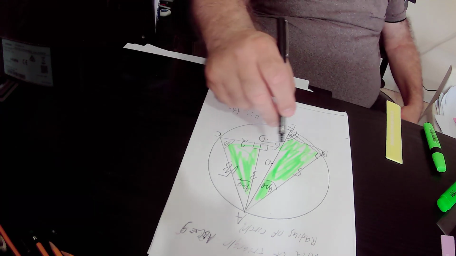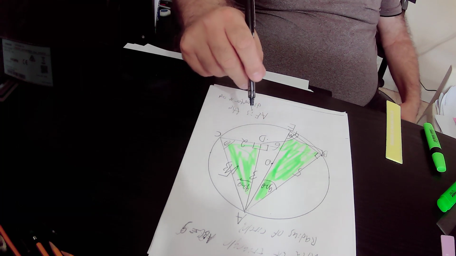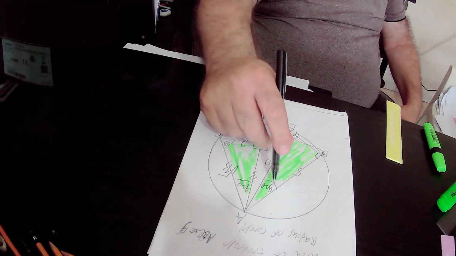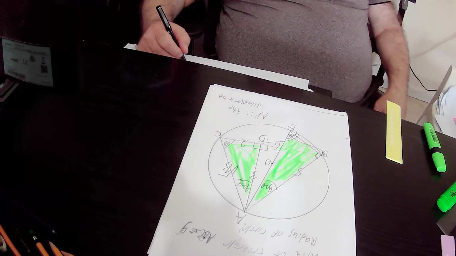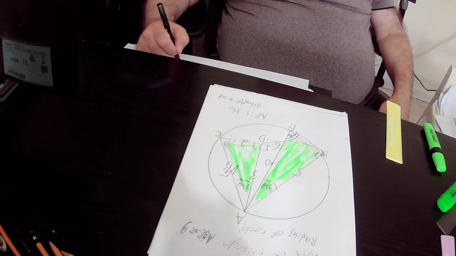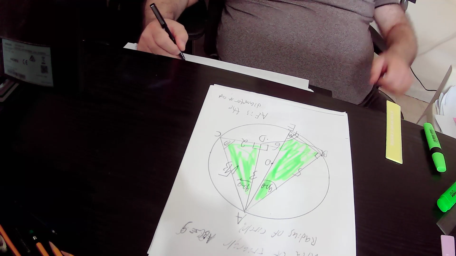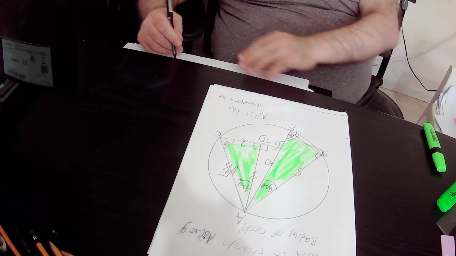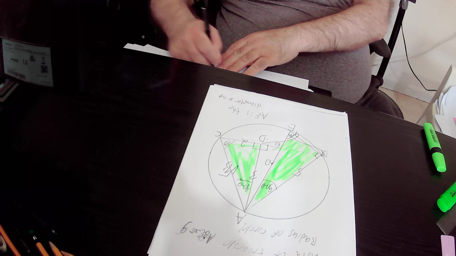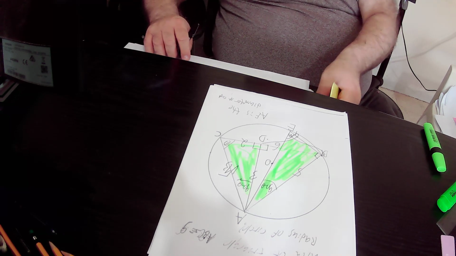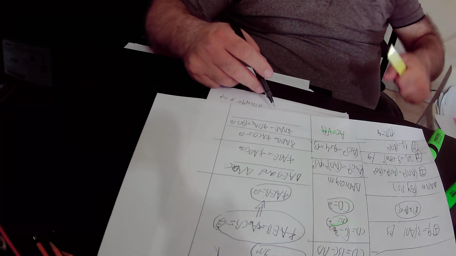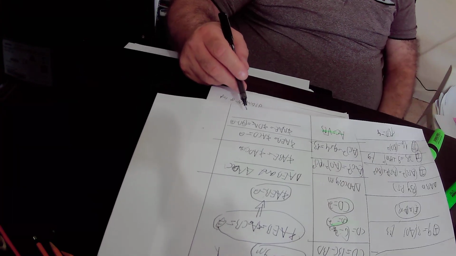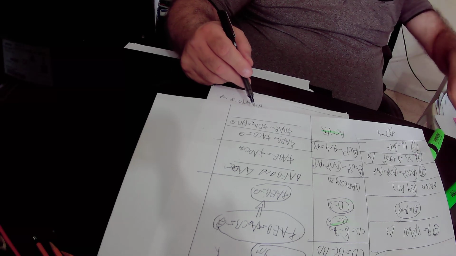Angle BAE, this angle, equals angle DAC, this angle, and they're both equal to 90 degrees minus theta, therefore they're equal to each other. Repeat again, angle BAE equals angle DAC, and they're both equal to 90 degrees minus theta, therefore they're equal to each other.